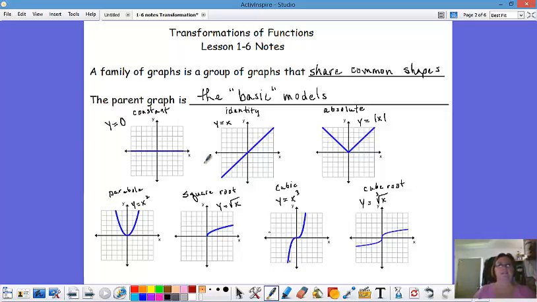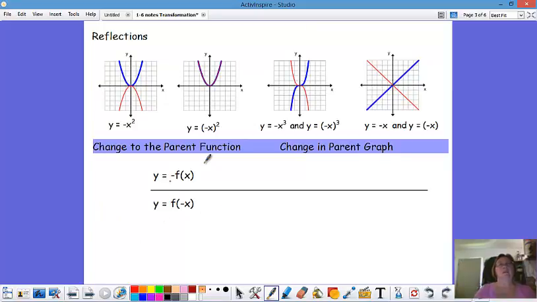All right, there are our basic 7 models, and let's see how we're going to talk about transforming them today. We're going to begin first by talking about reflections. So really there are 3 types of transformations that we can talk about. Reflections, or flips, that would be kind of the slang name for this transformation.